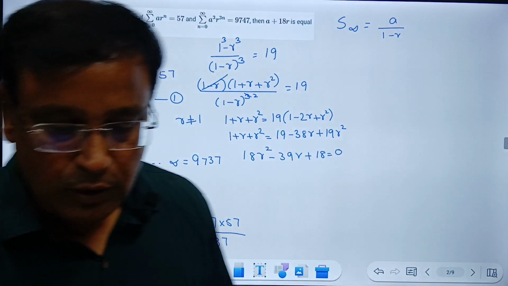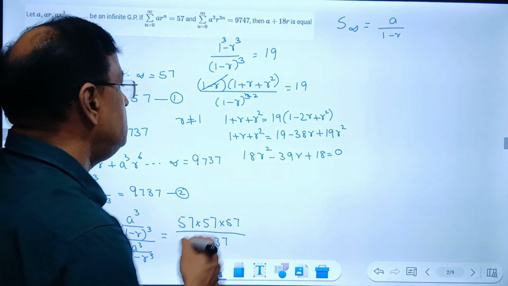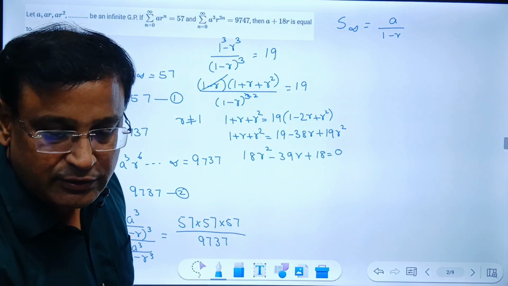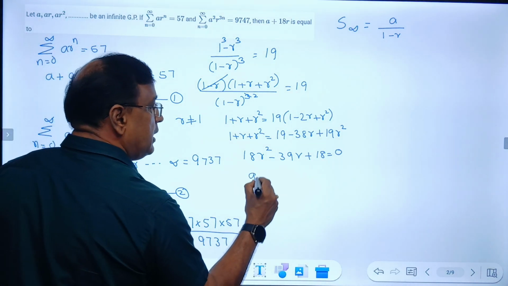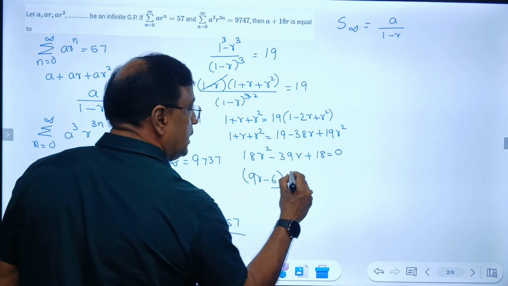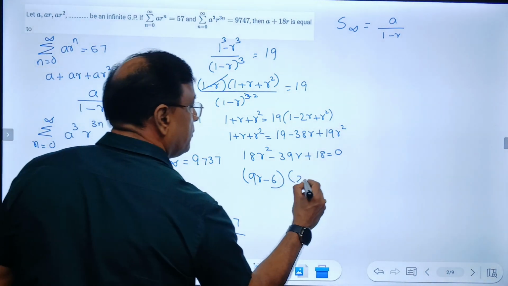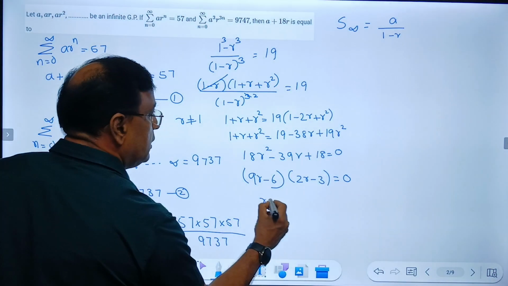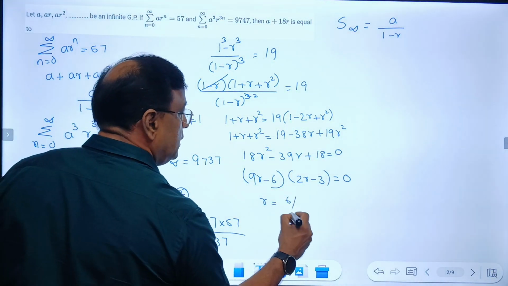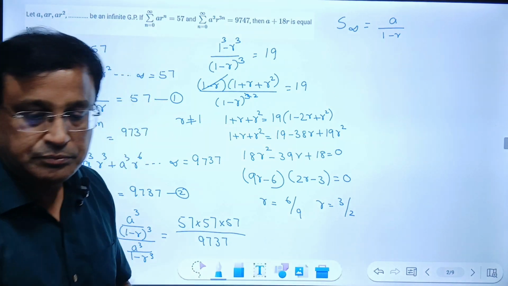Correct? Now splitting the middle term, what happens here? When you split the middle term, I think factorization you can do by yourself. I don't want to waste my time in this. 9r minus 6 into, I have already done the calculation, it is 2r minus 3 equal to 0. So I get r equal to 6 by 9 and r equal to 3 by 2.